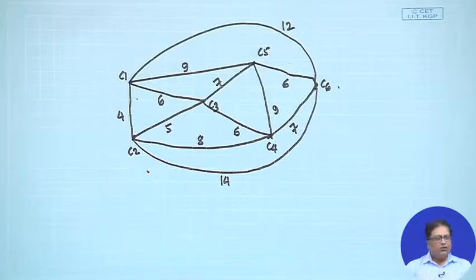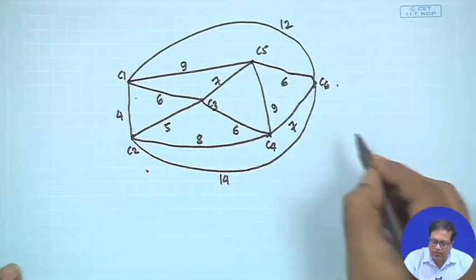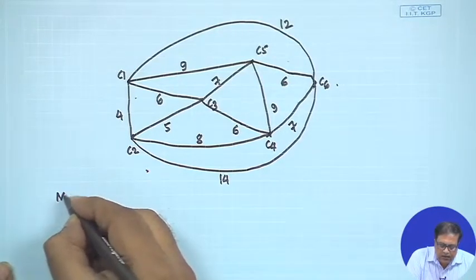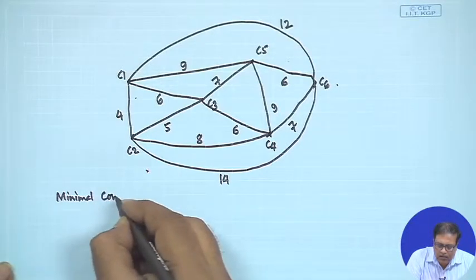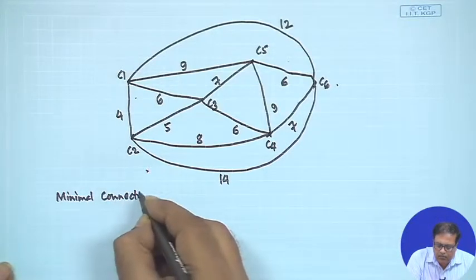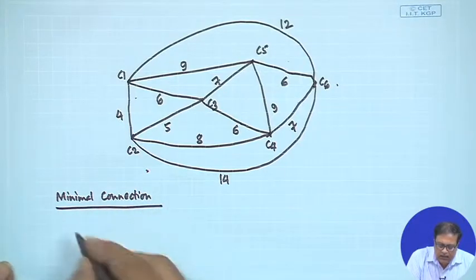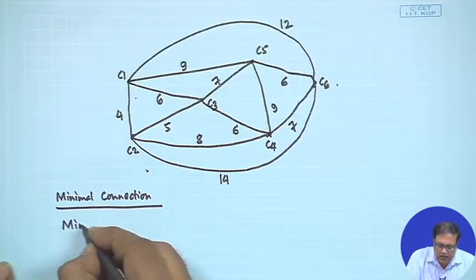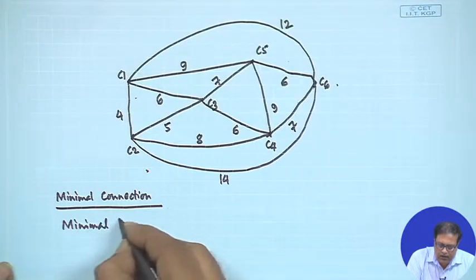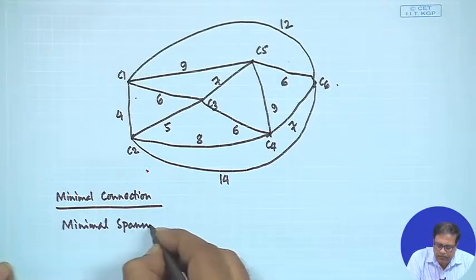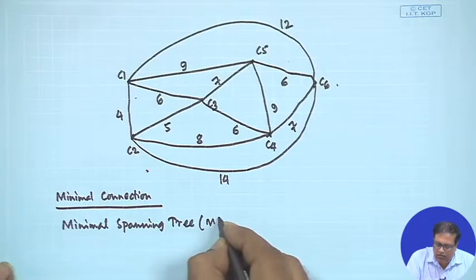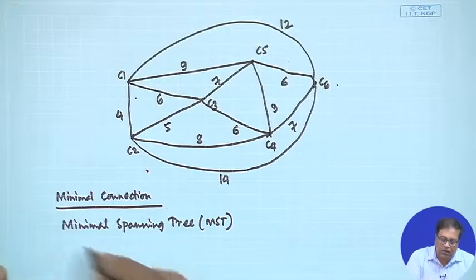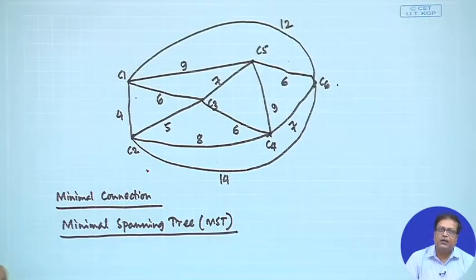So, once we have drawn this particular graph, now the question is, how do I go about to find minimal connection? So, basically this one is nothing but to find out a minimal spanning tree. Or in other words, an MST. So, how do I find out a minimal spanning tree?